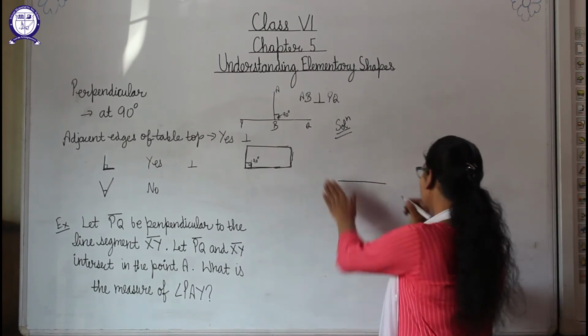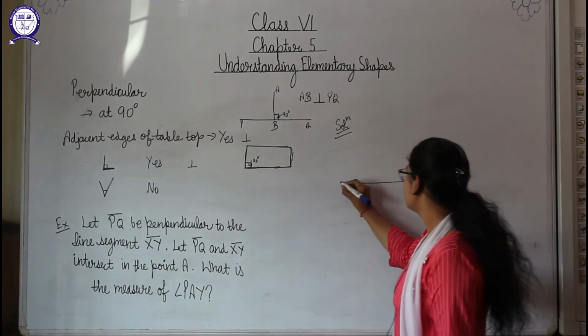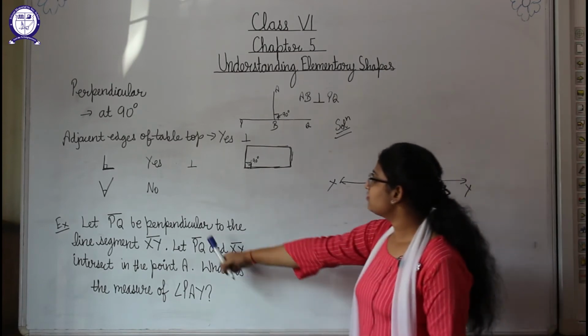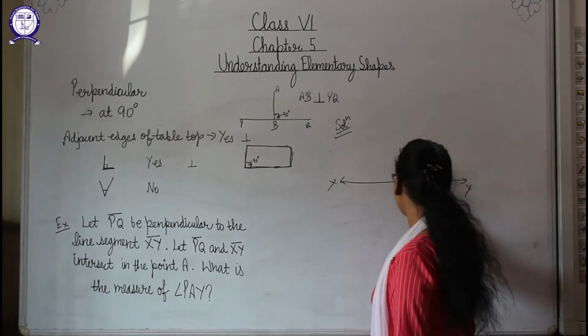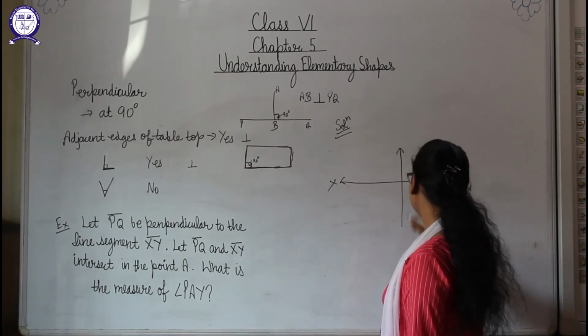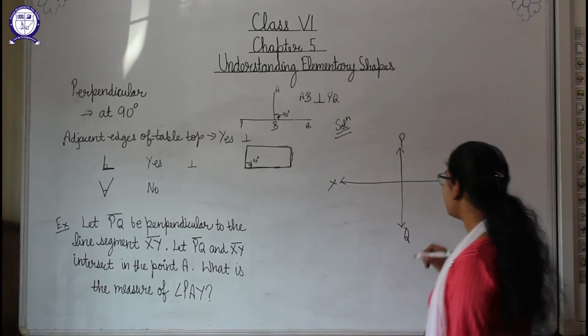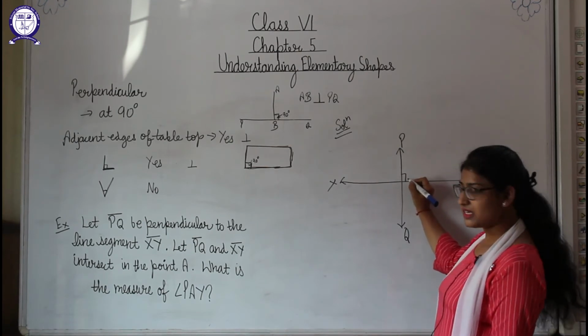Now we have to draw a perpendicular PQ, so I am drawing a perpendicular PQ like this. It is perpendicular to XY, which means they are at a 90-degree angle.